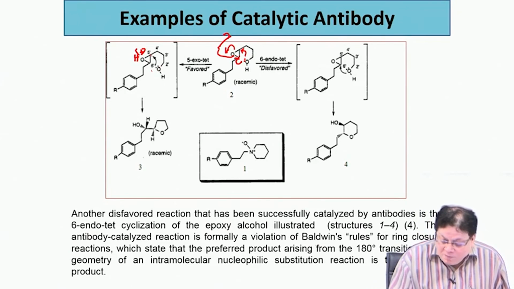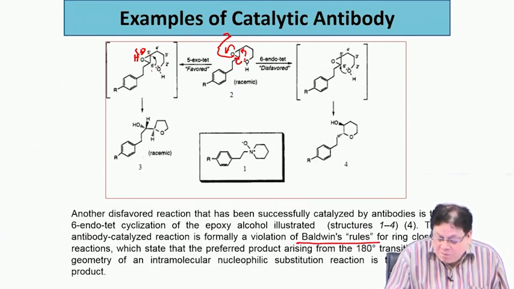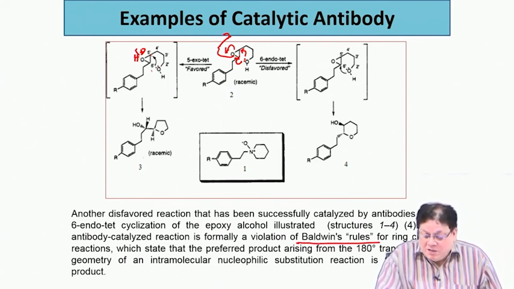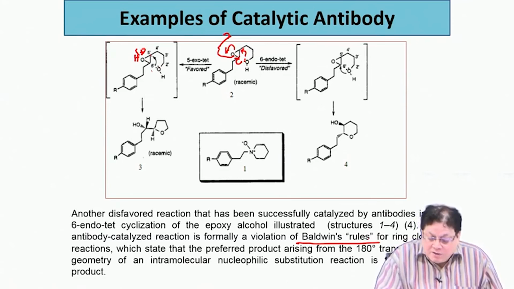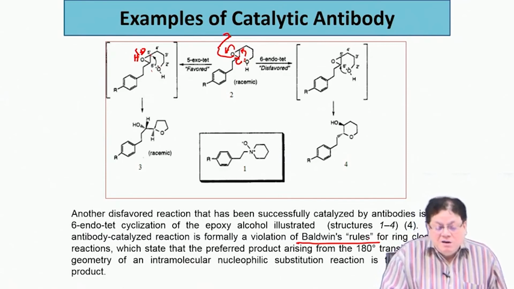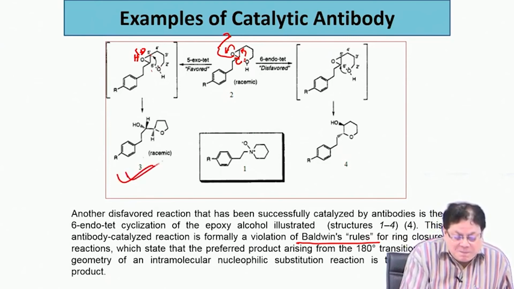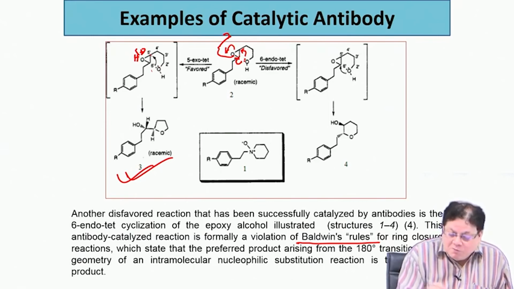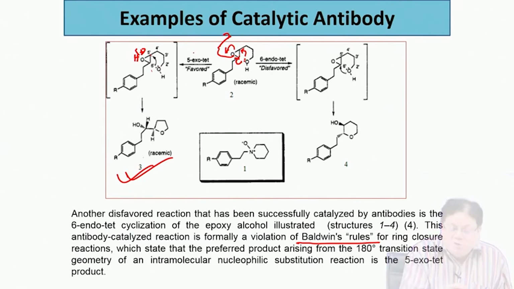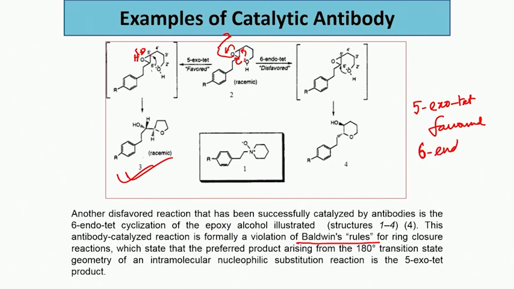Now, according to Sir Jack Baldwin, there are some rules called Baldwin's rules, and if you do this reaction, you will see that this is the product which is formed, because Baldwin's rule says that 5-exo-tet is favored and 6-endo-tet is disfavored.